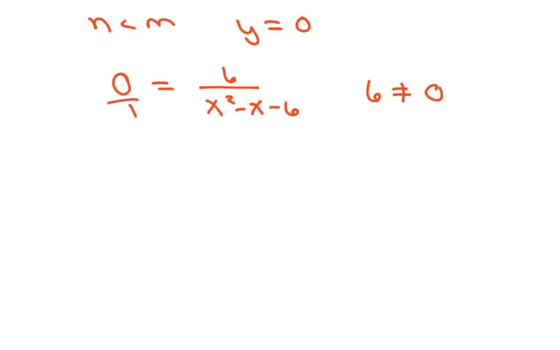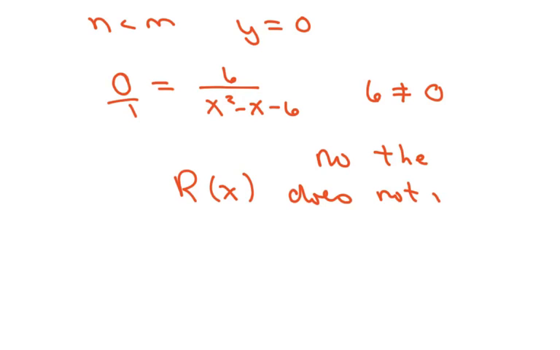It doesn't make sense, so no, there's no intersection. Or let's just write r of x does not intersect y equals 0. So that's going to help us graph.